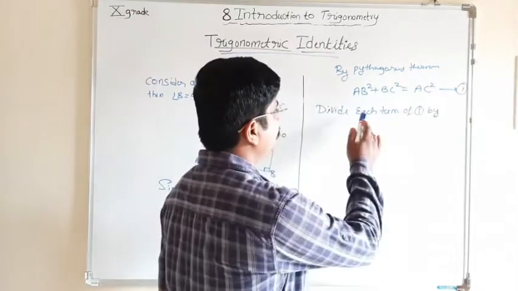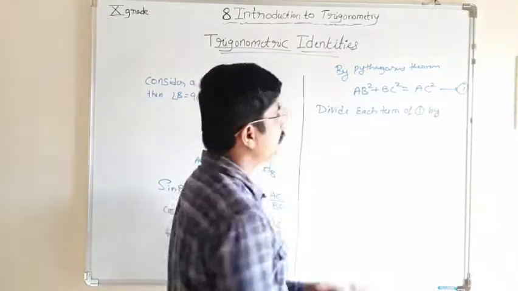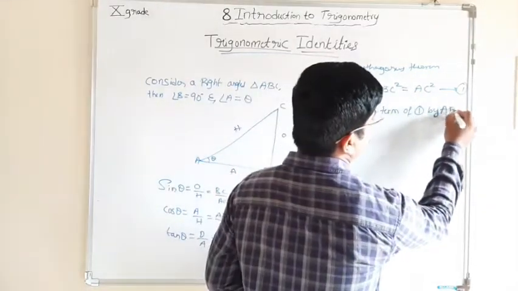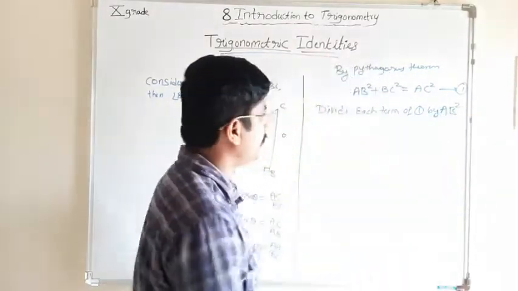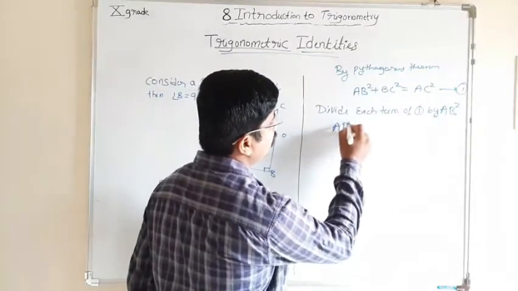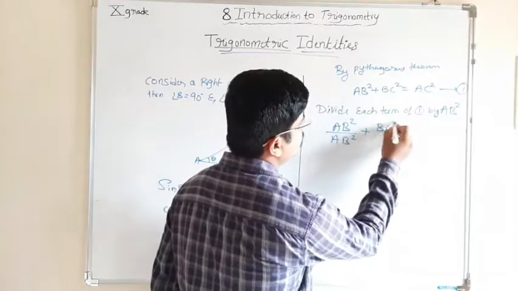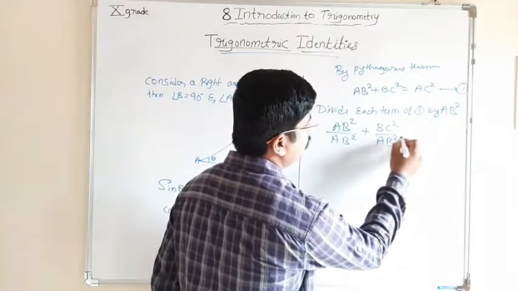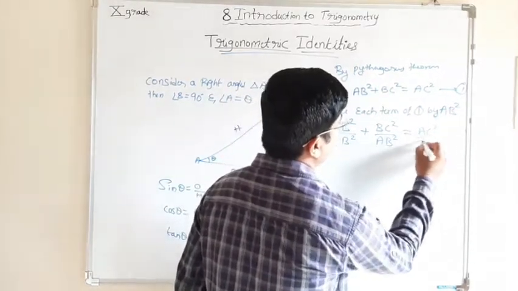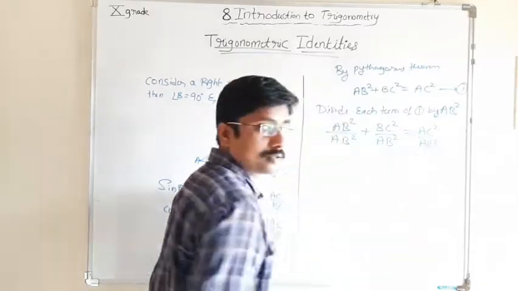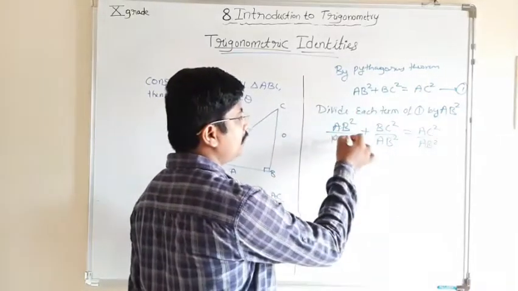We will divide each term of 1 by AB square. See here, AB square divided by AB square plus BC square divided by AB square, which is equals to AC square divided by AB square. Yes, AB square will get cancelled.